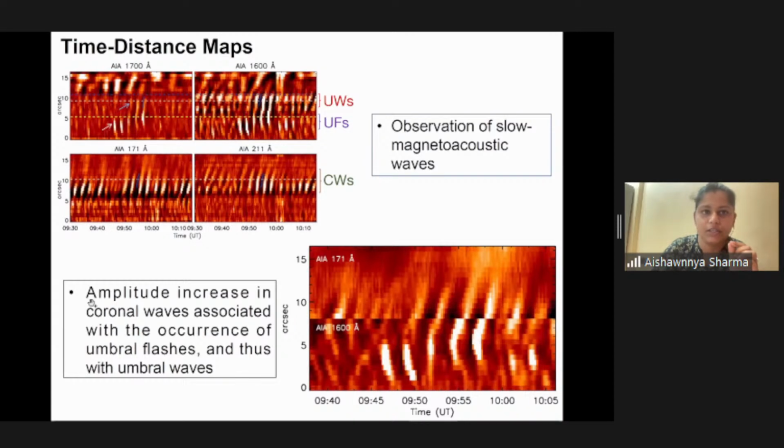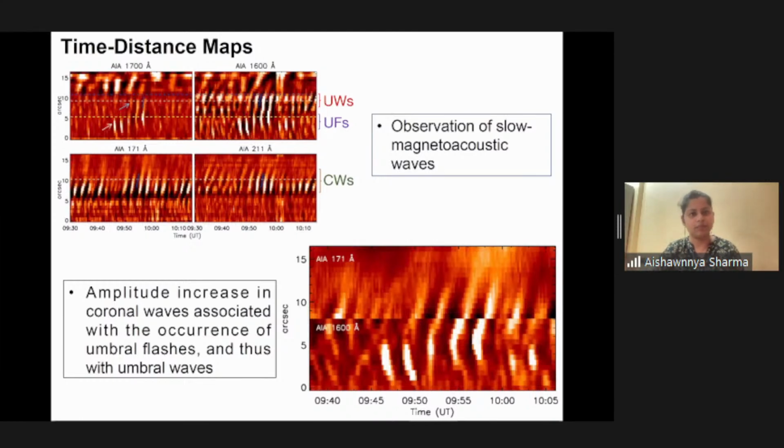Whenever these flashes are happening, there is also propagation of umbral waves on both sides of the umbral flash. In the upper two panels, AIA 1700 and 1600, there are waves propagating on both sides of the umbral flash like a fishbone, also called fishbone-like structures. These are umbral waves propagating radially outward.